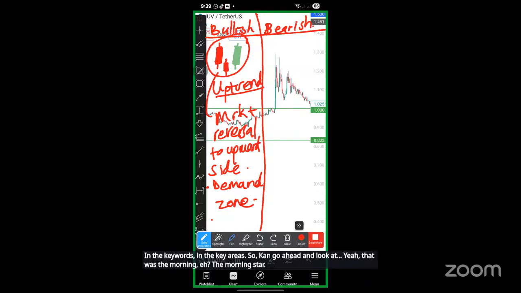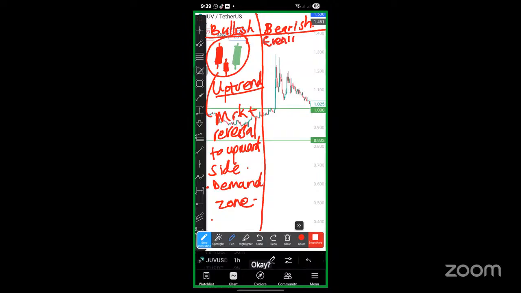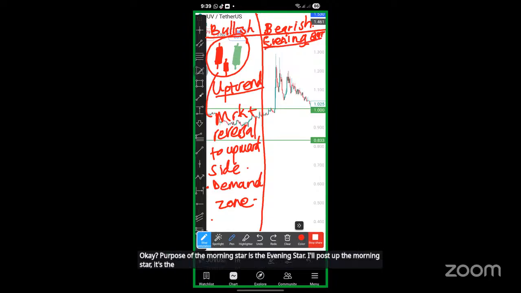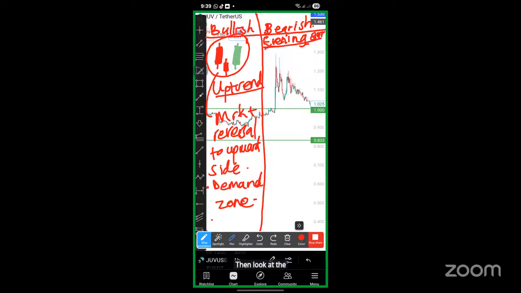So we also have the evening star. The opposite of the morning star is the evening star. Then look at the evening star. It is a bit simple.